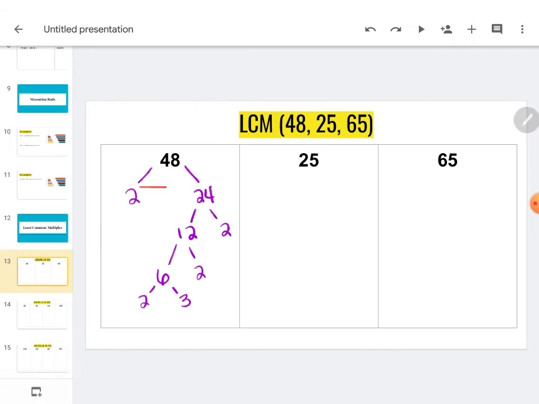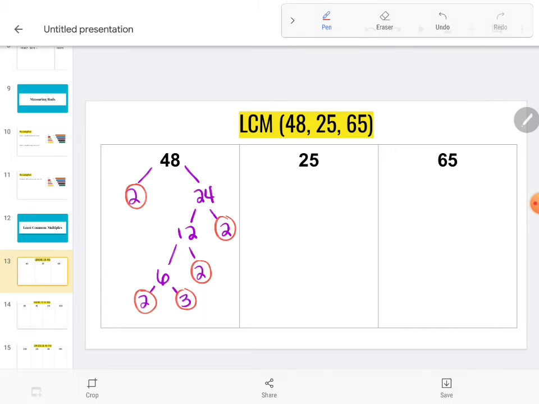So our 2 at the top, our 2 right here, 2, 2, and 3. And we can make a problem out of this. You can write out 2 times 2 times 2 times 2 times 3, and that'll give you your solution of 48. Or you can make things a bit easier.